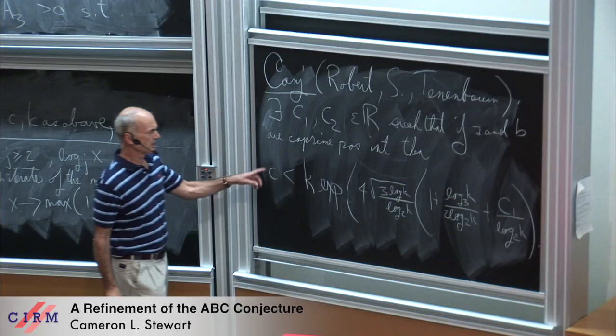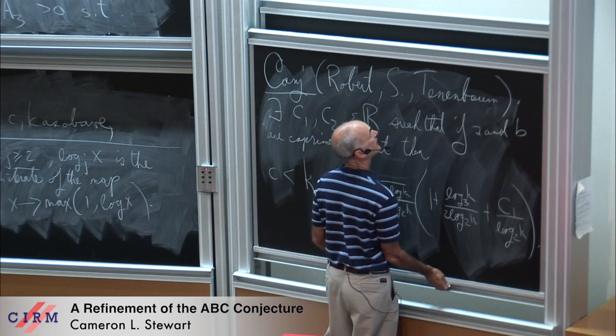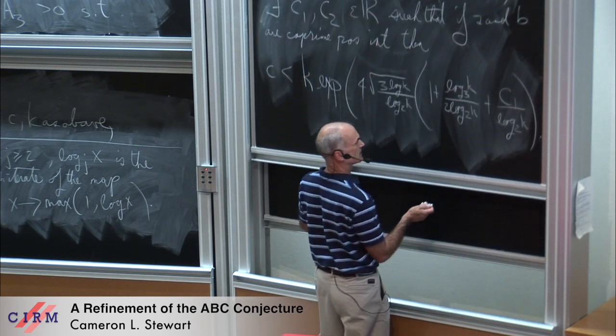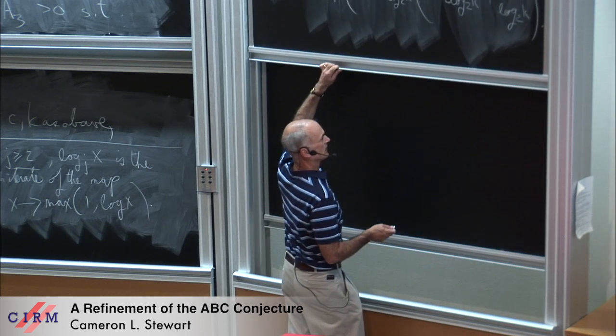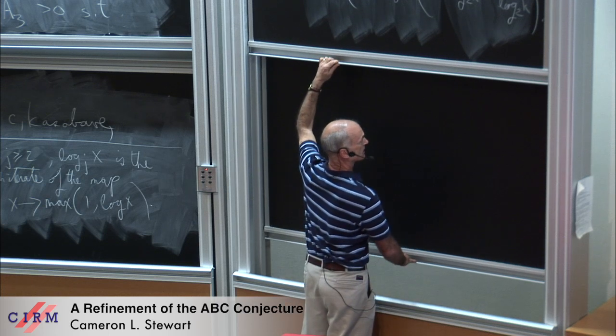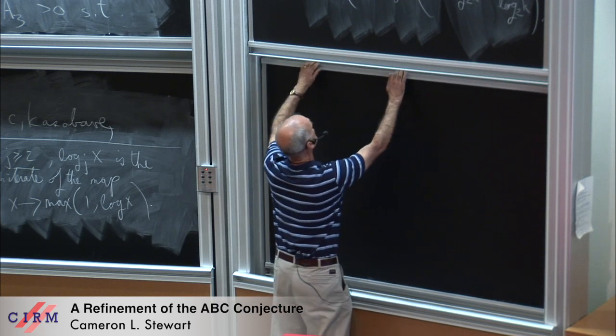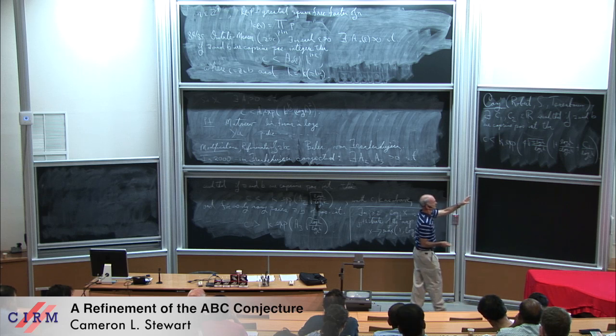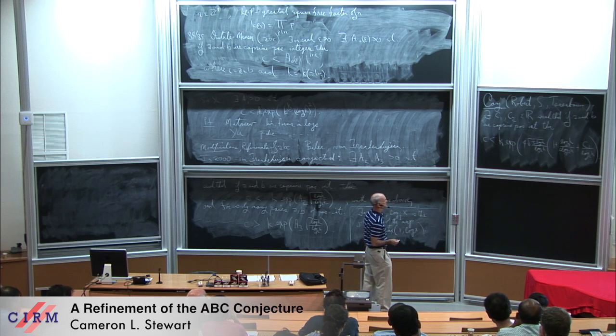So this is the upper bound, and then, of course, if one's going to do something in this precision, well, the expectation is that one hopes that these terms are necessary.